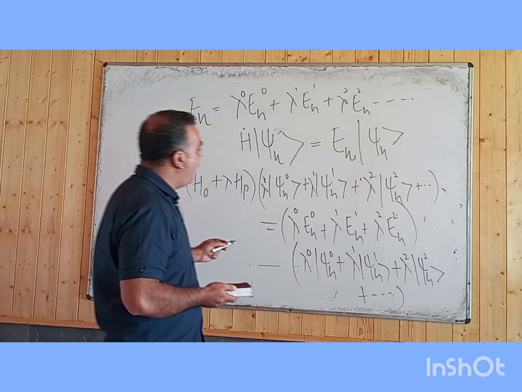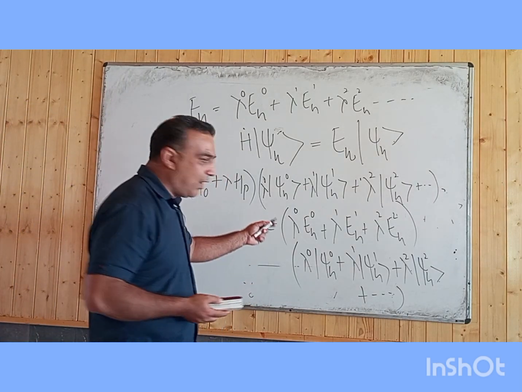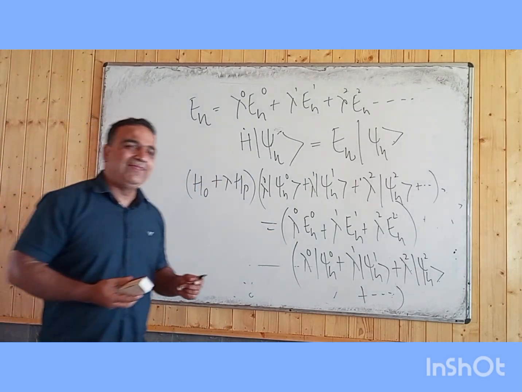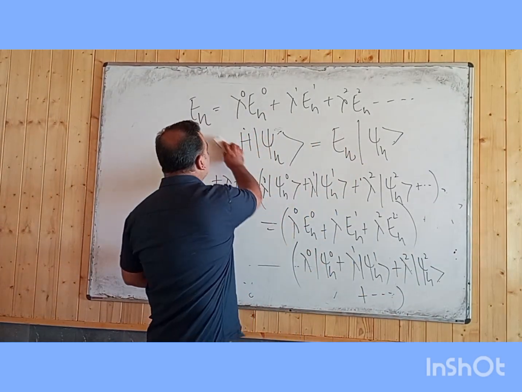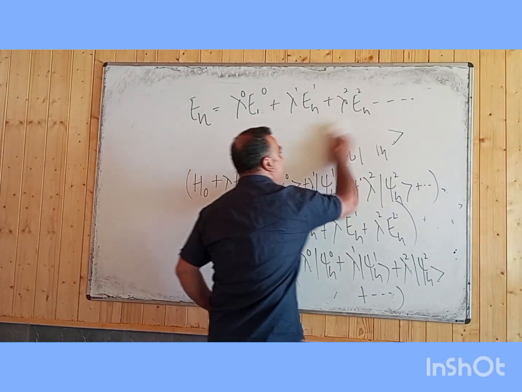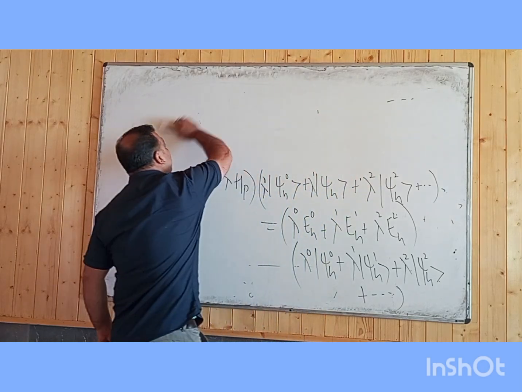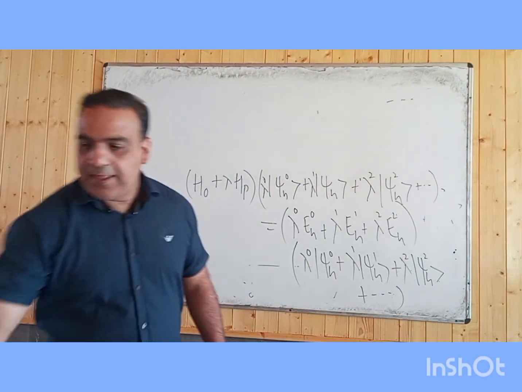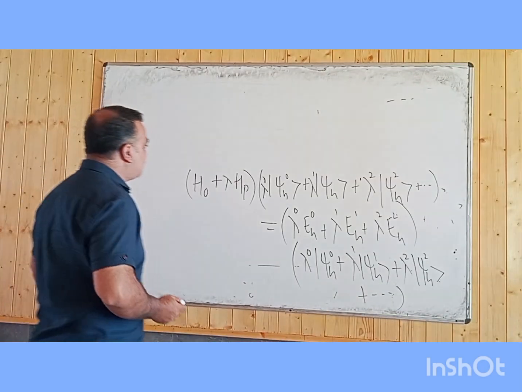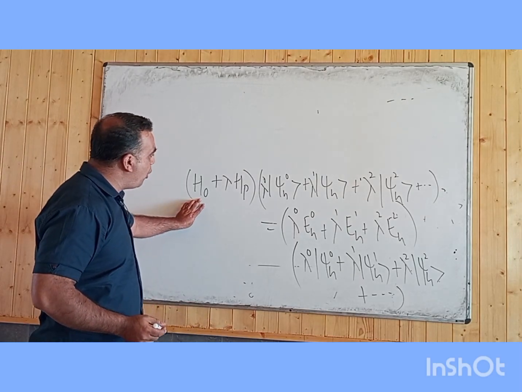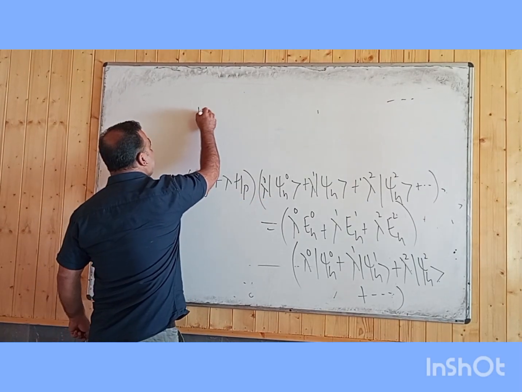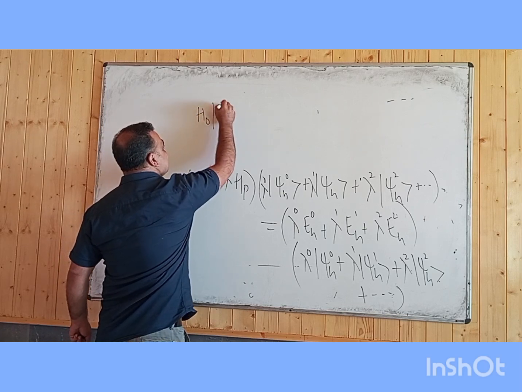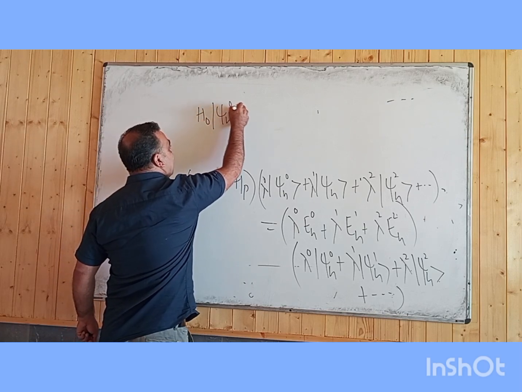Okay. Now, let's multiply them in such a way that we get the same kinds of coefficients. So I should rub this one now. I hope you have written it down. So this is H naught, psi naught, okay? Am I right?